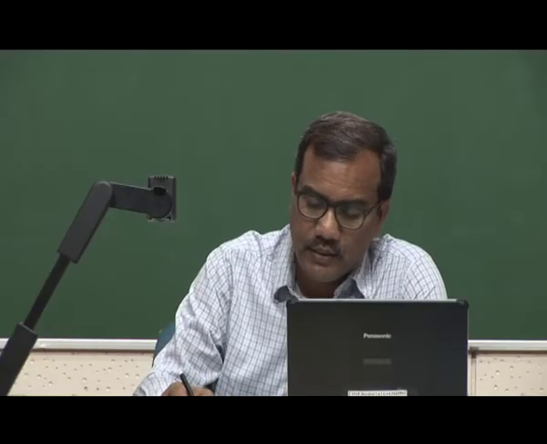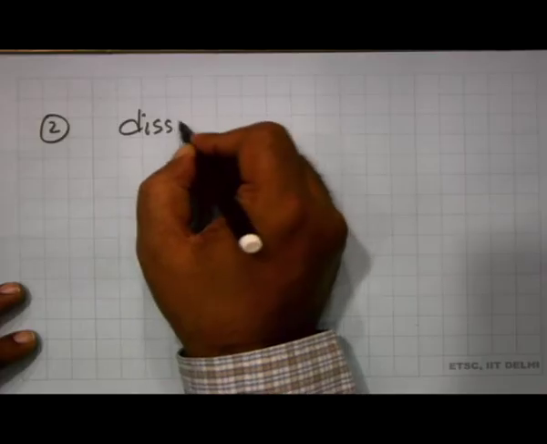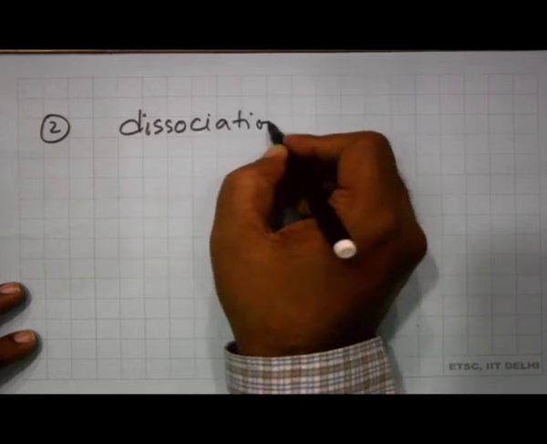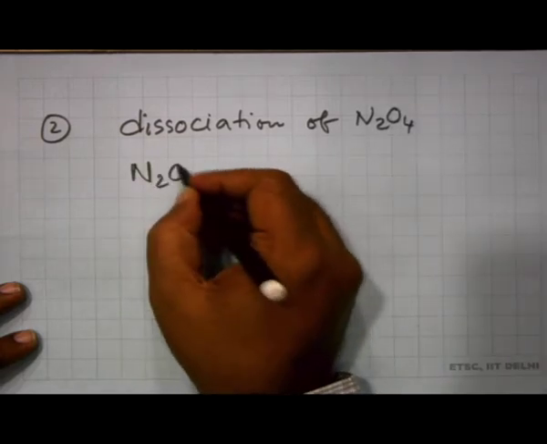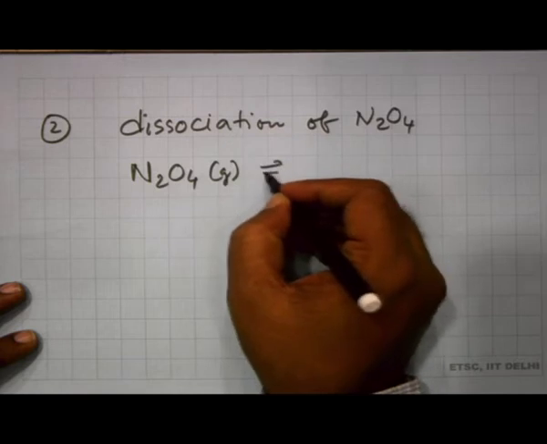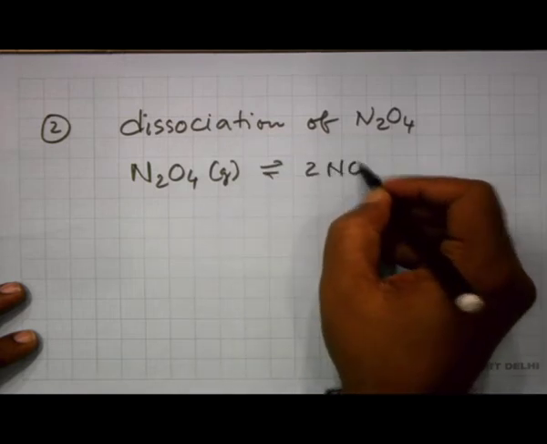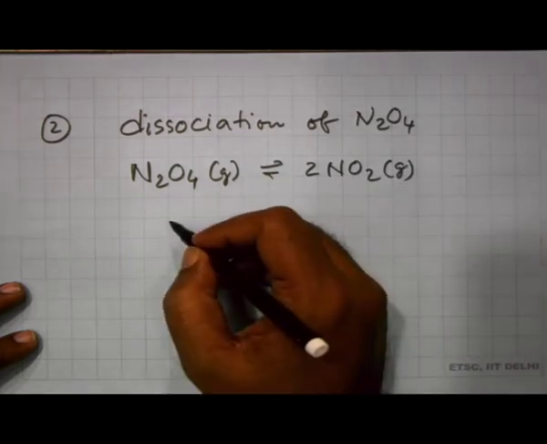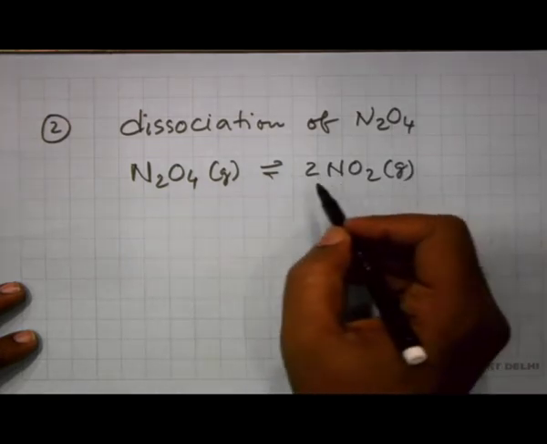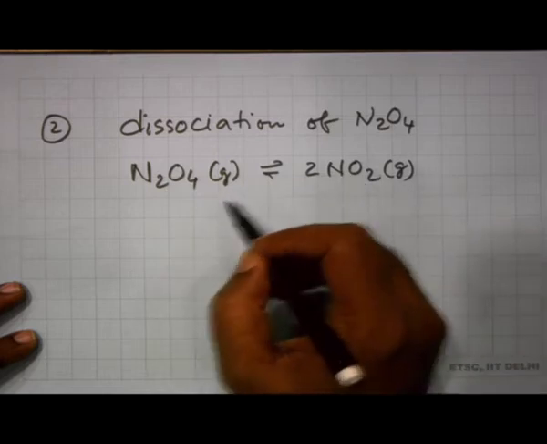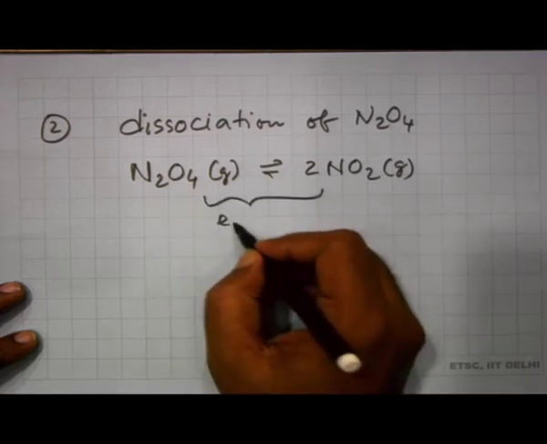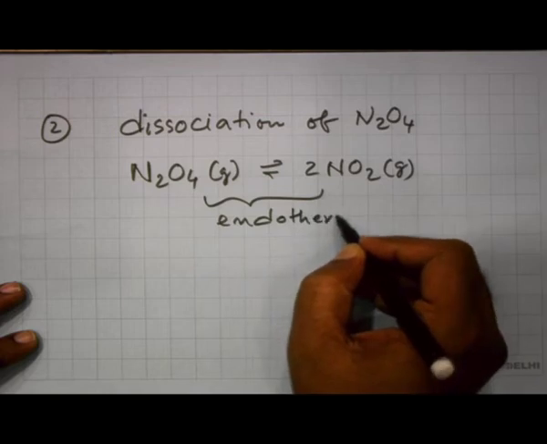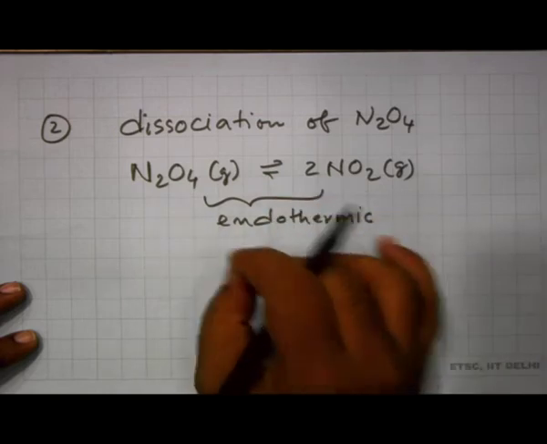Now, let us take dissociation of N2O4. The second reaction is dissociation of N2O4 gas into 2 NO2 gas. In this case, your reaction is endothermic. It means that heat is absorbed during the process.